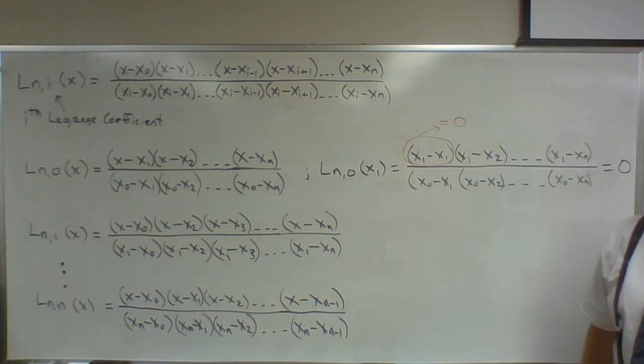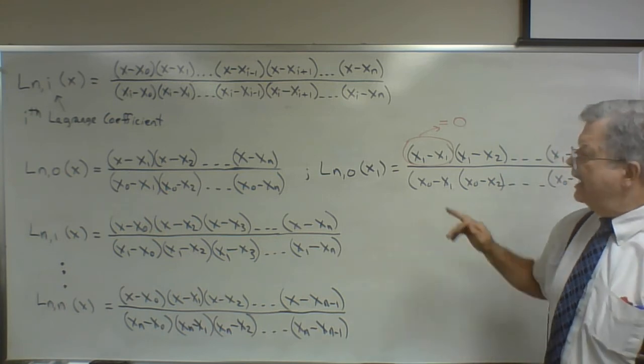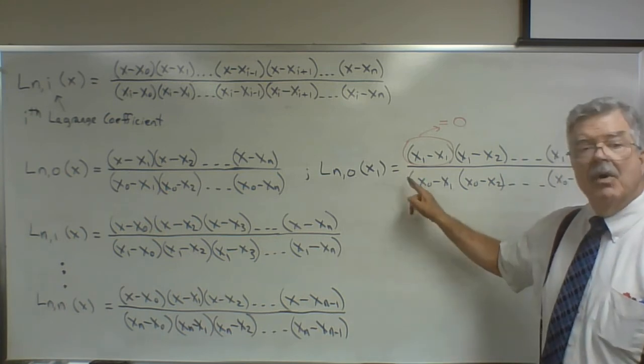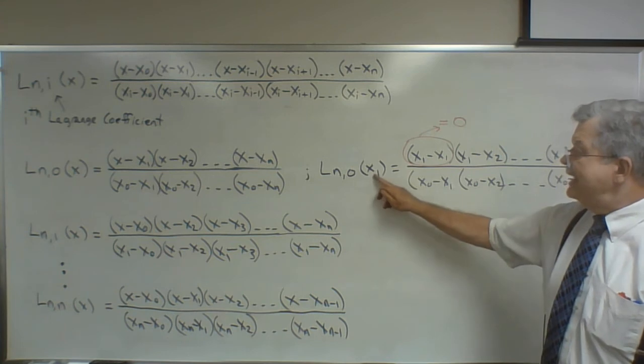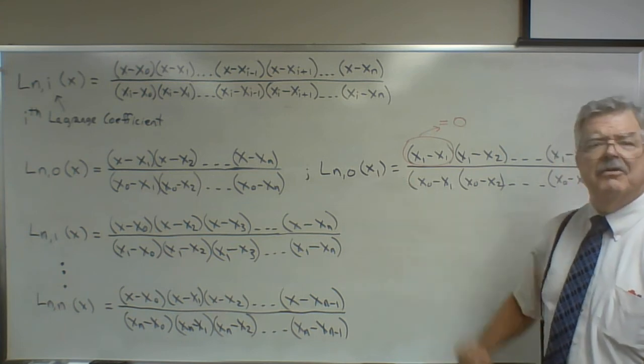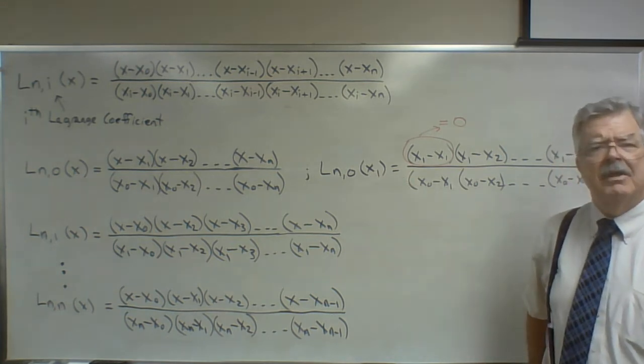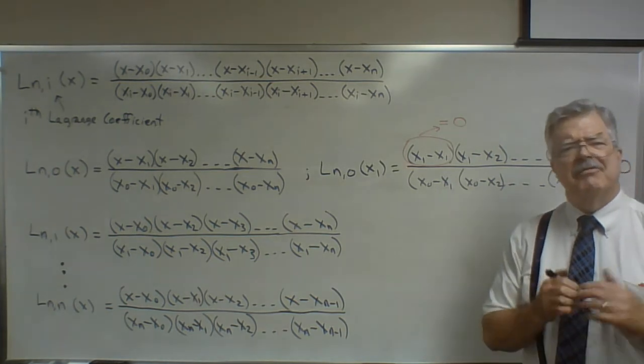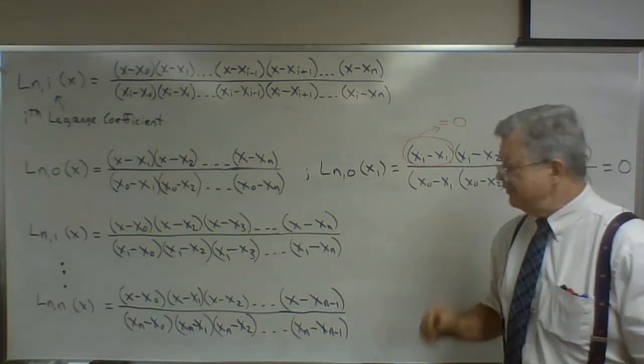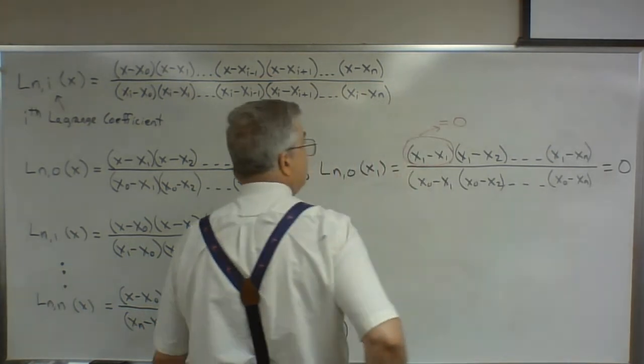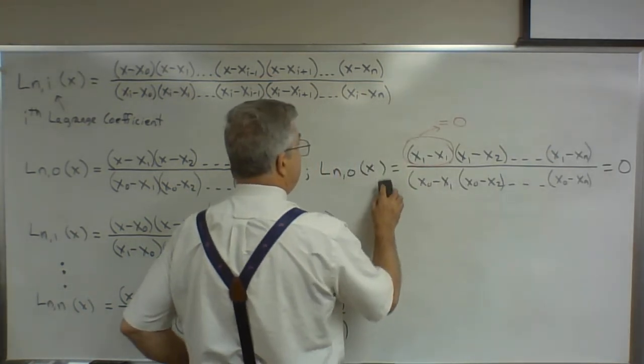Well, wait a minute. What? I plugged in x of 0 and I got 1. Now I plug in x of 1 and I get 0. I wonder what would happen if I plugged in x of 2. Let's try that. We're going to plug in x of 2.